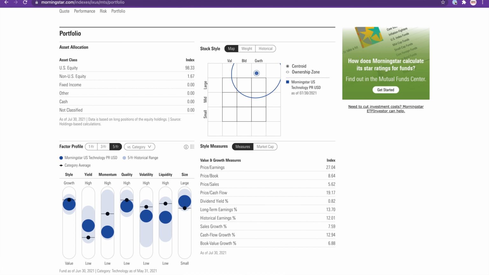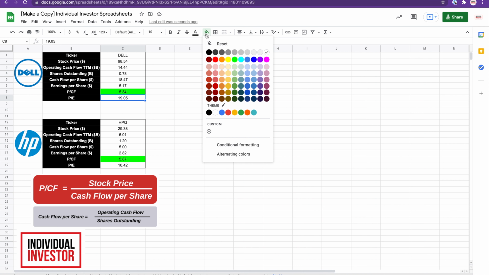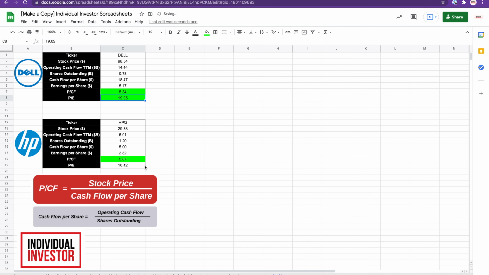If we also check out the price to earnings or PE ratio for the index, the figure is 27.04, and again the PE ratio for both Dell and HP is also below the index.